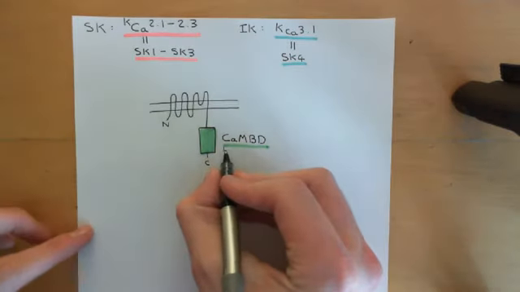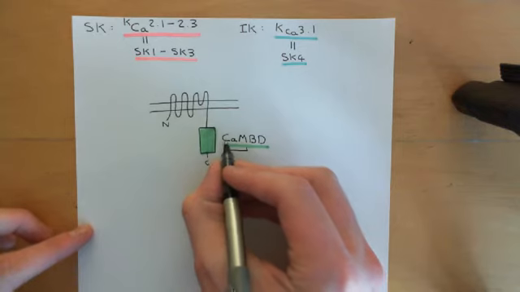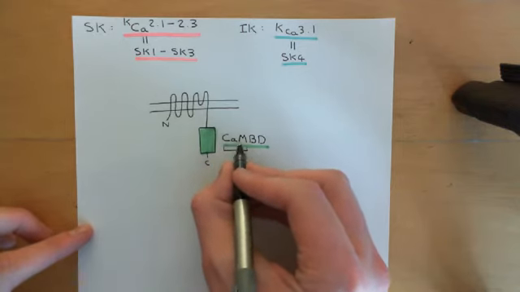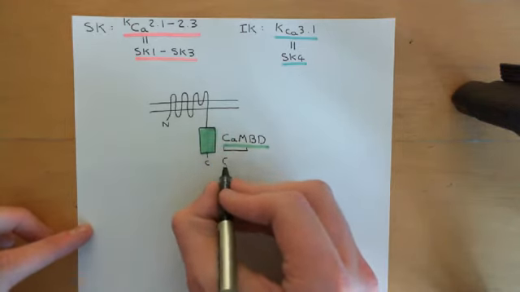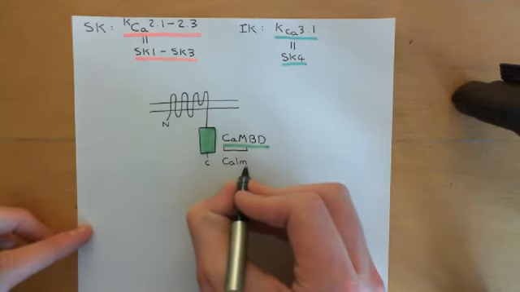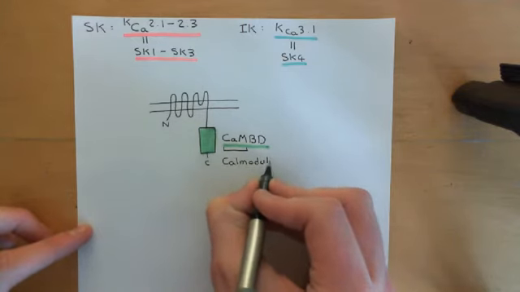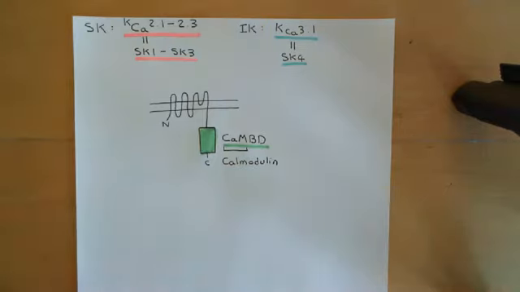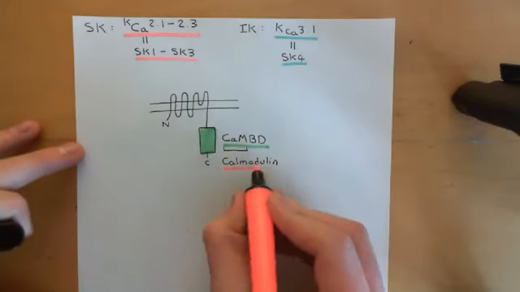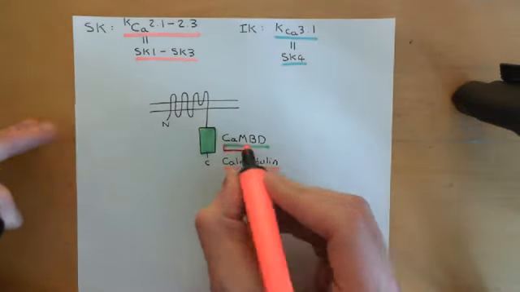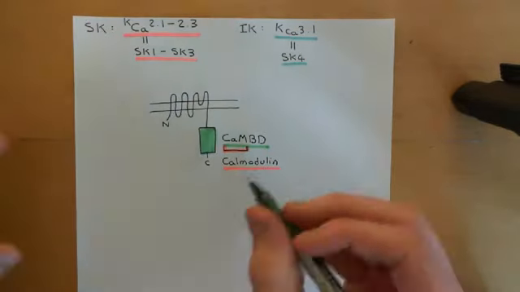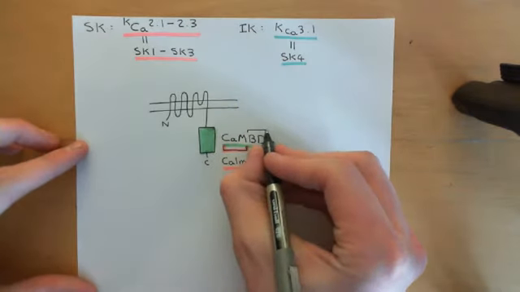Whenever you see CaM written like this, with capital C, lowercase a, capital M, that is the standard way that people denote calmodulin. It's a very standard abbreviation. And then BD is just for binding domain. We will see the function of this domain later on.